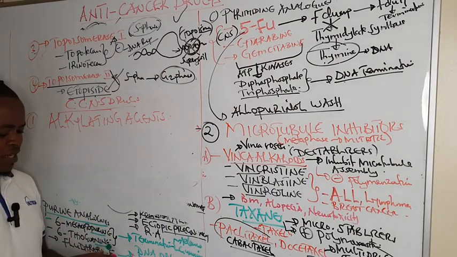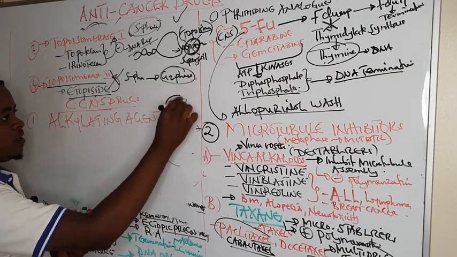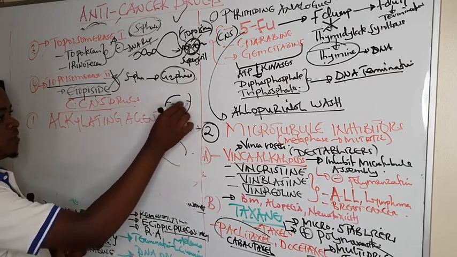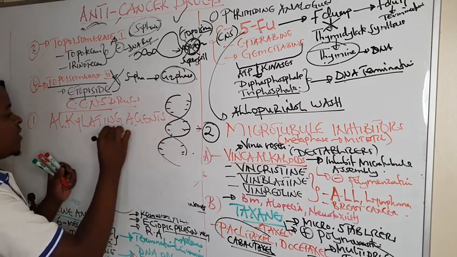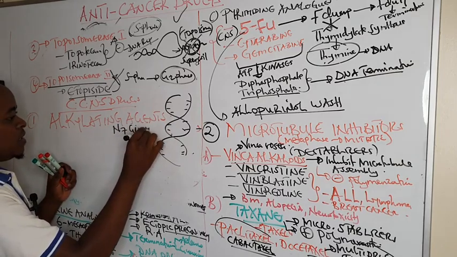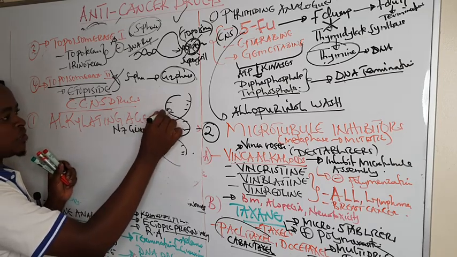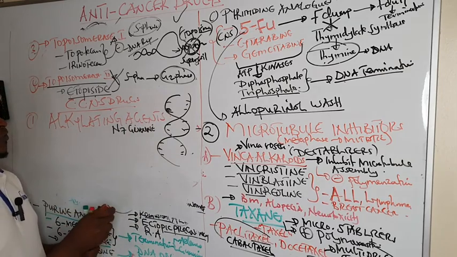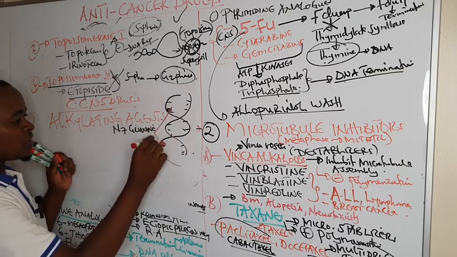If I have DNA, this is my DNA, and this DNA has nitrogen bases, and these drugs majorly target the N7 position of the guanine. If here there is the N7 position of the guanine, the drug comes and binds there. If here there is another N7 position, it comes and binds, causing cross-linkage.